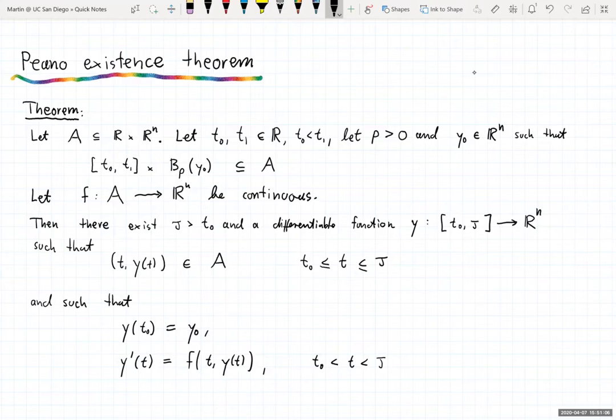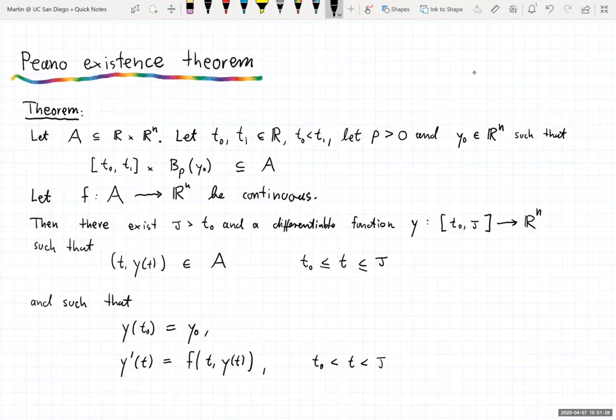What the first two lines here of the theorem tell us is that the initial conditions t naught and y naught are contained within the set A. They are contained within the set of admissible inputs for f.